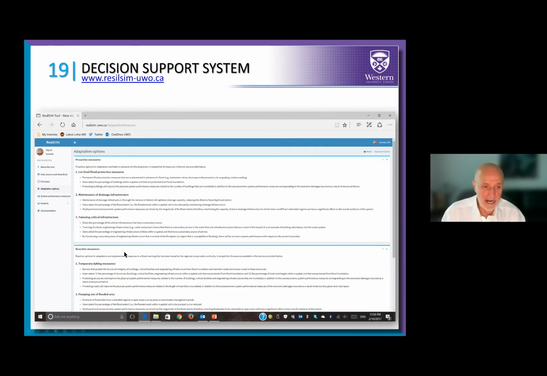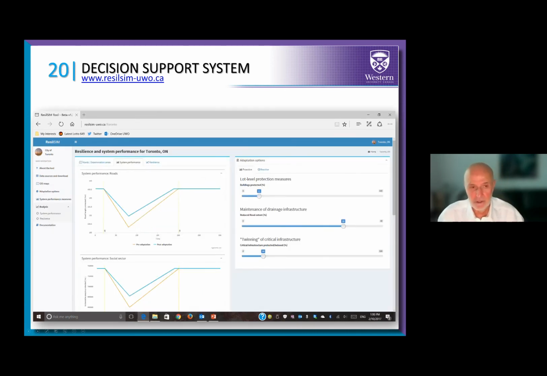As reactive measures, we use temporary diking, pumping, and other potential ways of determining how the city can respond to the flood disaster.